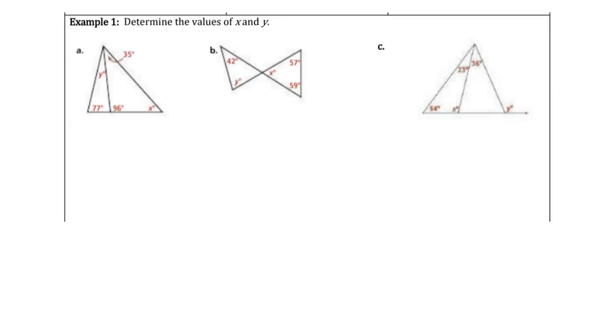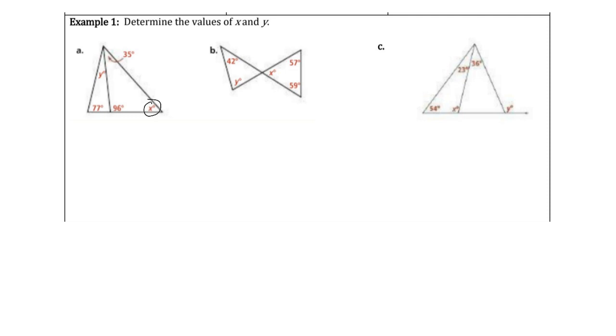All right, now because we know these three theorems from up top, we can determine the values of x and y given certain triangles. So let's look at A. We can either find x or y first.